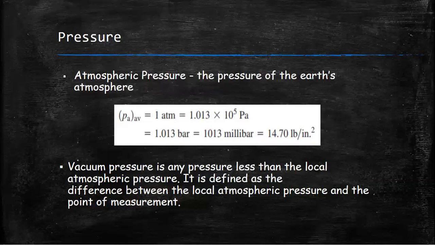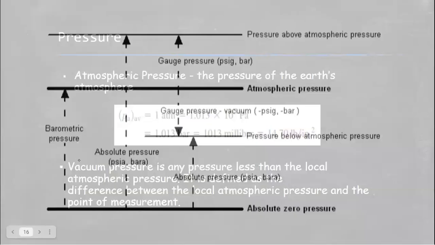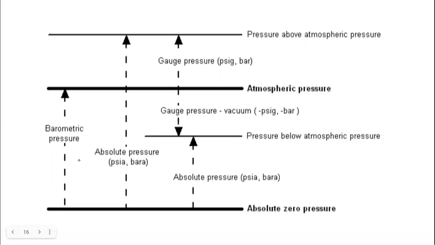So to visualize all of this, this diagram will help us differentiate the absolute, atmospheric, gauge, and vacuum pressure. We can see here that barometric pressure is the other name for the atmospheric pressure. Again, barometric pressure is the atmospheric pressure.